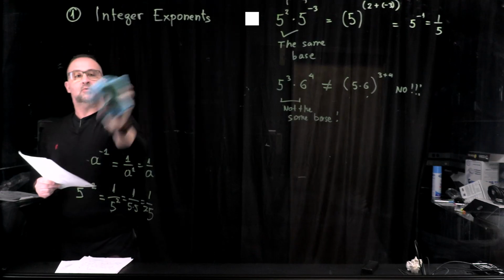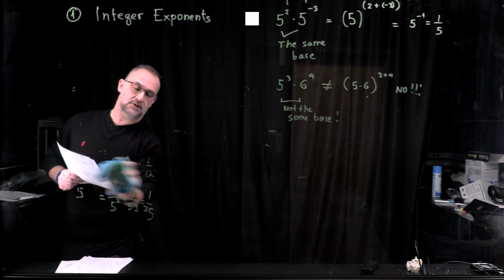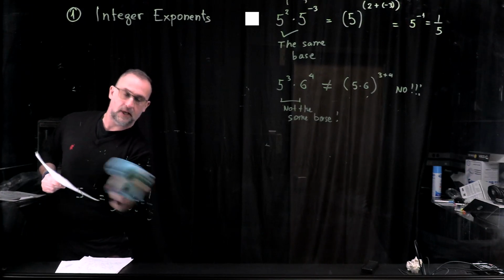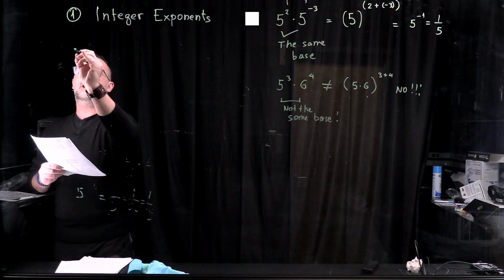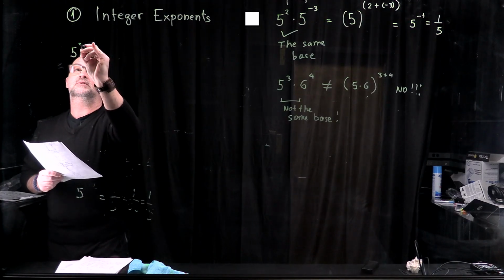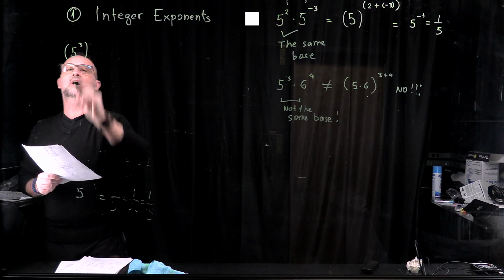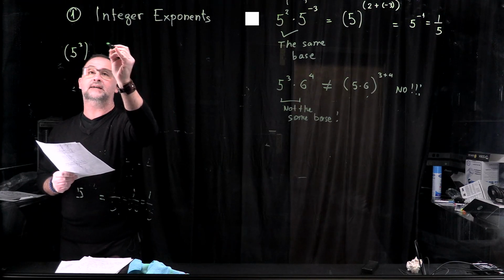Here's another example where you can have exponents and do operations between exponents. That will be highlighted by this example where you have base 5 raised to the power of 3, and the whole expression is then raised to the power of, say, 2.